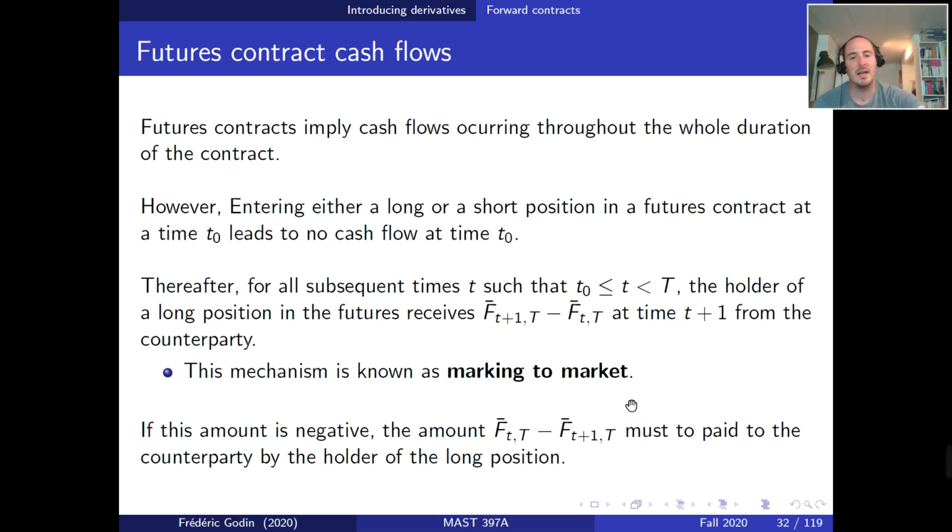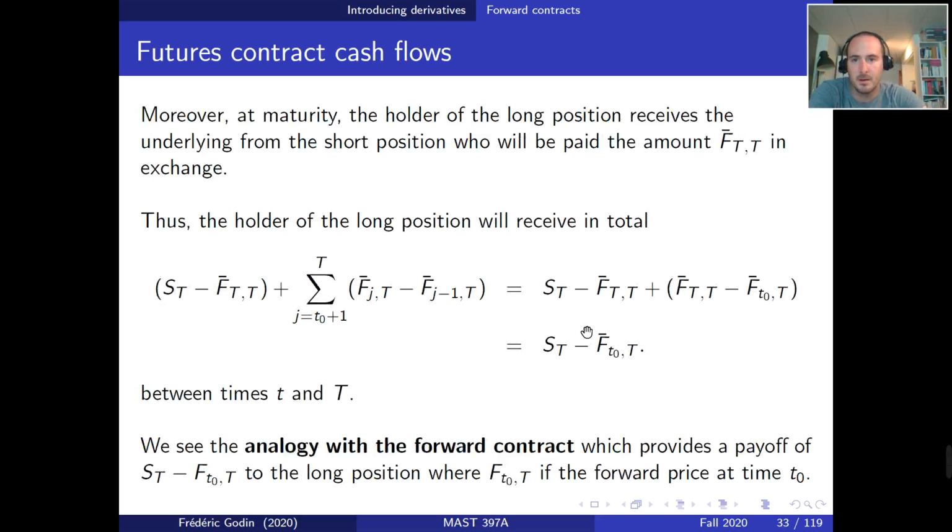As we said, if this amount is negative, it means that the long position pays a negative amount, which means it gives the money to the short position. This is at all time steps except the maturity date.